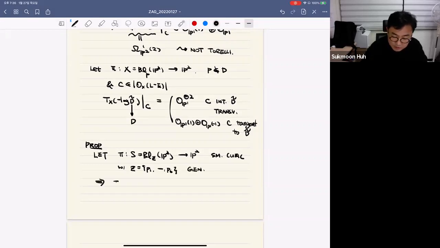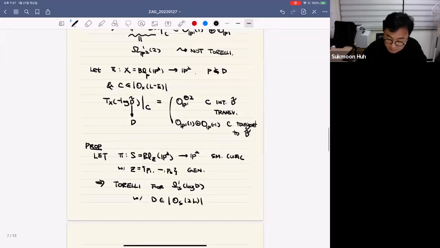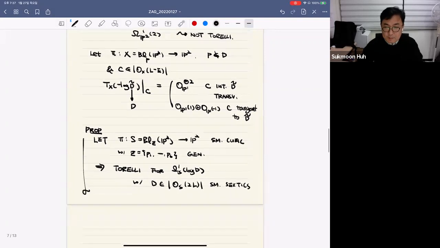Then we have Torelli for omega S 1 log D with D from a smooth sextic. Okay.